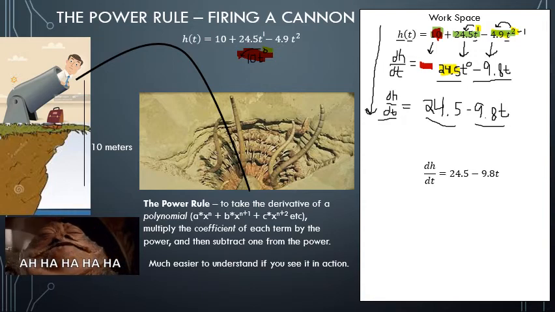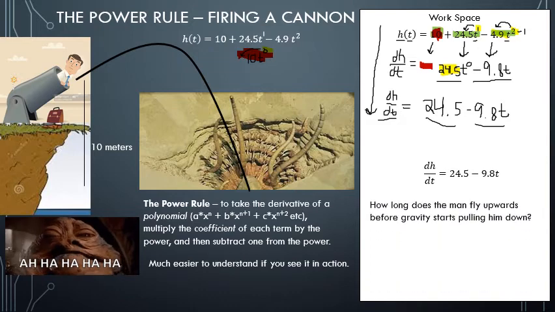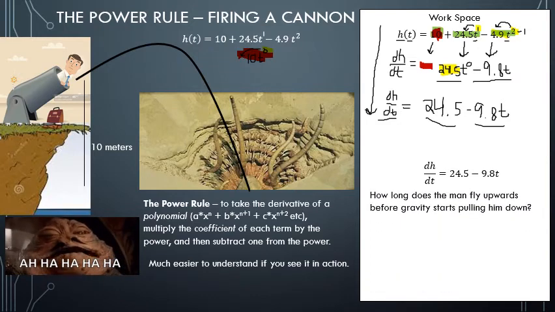So why does that matter, right? What sort of real world problem might we actually answer through this process? So you might be thinking, okay, give me a calculus problem here, Mr. Simons. You showed me how to do the calculus. Why does that matter? So here's an example problem. Let's say we wanted to figure out how long does the man fly upwards before gravity starts pulling him down.